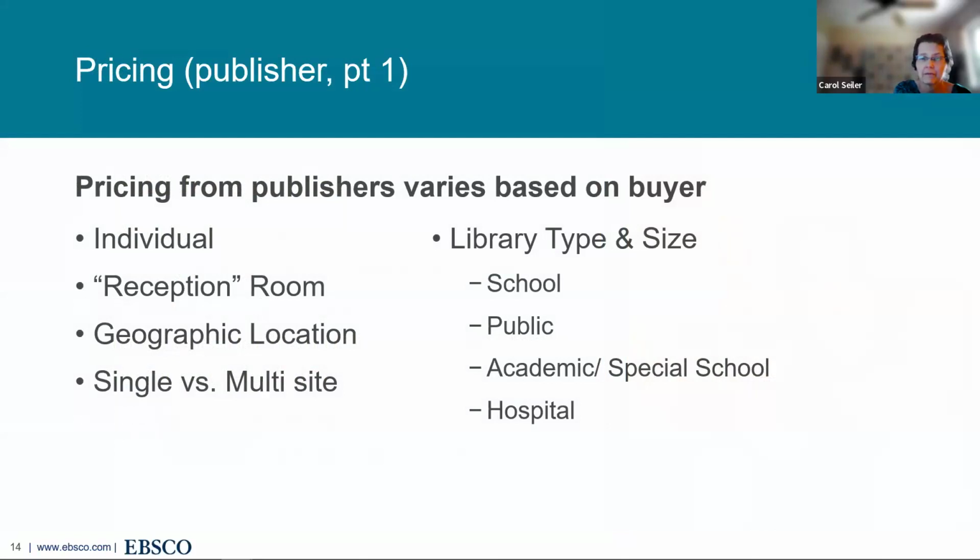If my doctor's office or lawyer's office or dentist office, called reception room, is purchasing it, they get the cheapest price whatsoever. Well, why is that? Because the publisher views the reception room, the doctor's office, the lawyer's office, the dentist's office, as an advertisement piece. Because you're not going to go into the dentist every week.